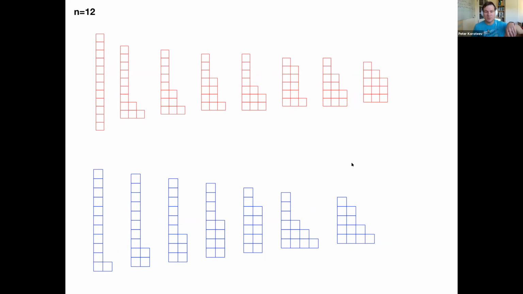We can make a correspondence between all others. Yes, you can throw those blocks.